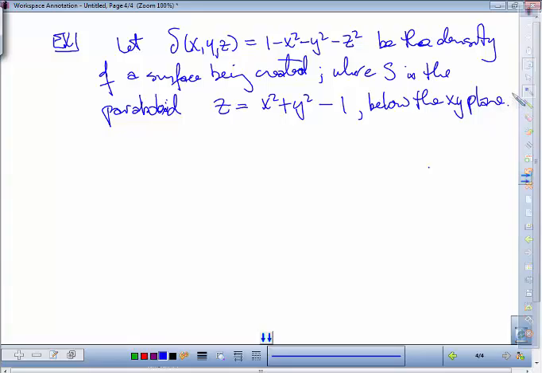Okay, so we have a surface established and a density function that we want to apply to the surface to find the mass. Find the mass.